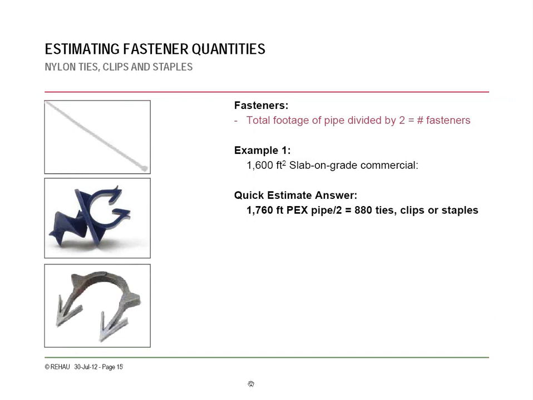As I said, just divide by 2. So for our example before, 1760 feet of PEX pipe divided by 2 is 880 ties, clips, staples, whatever it is. Again, going back to what we mentioned before, it's going to depend on how the manufacturer is selling them too.